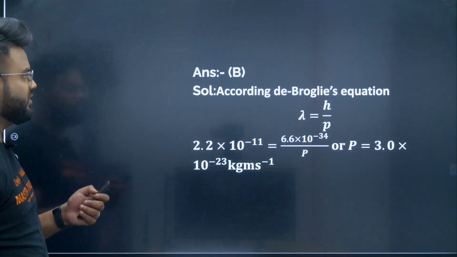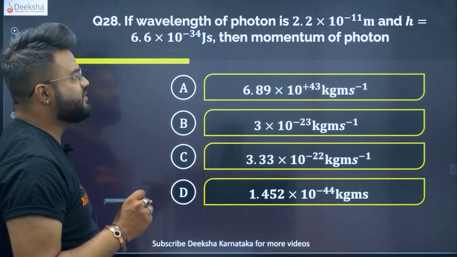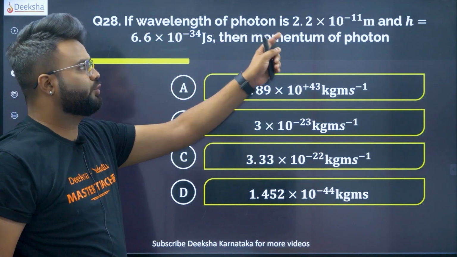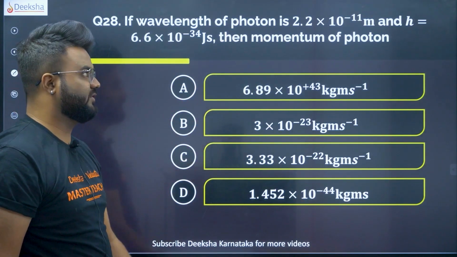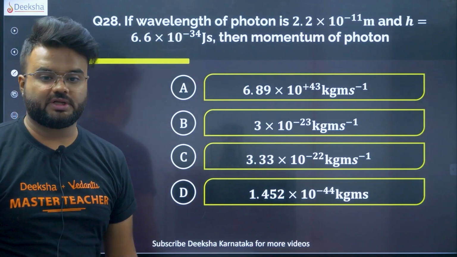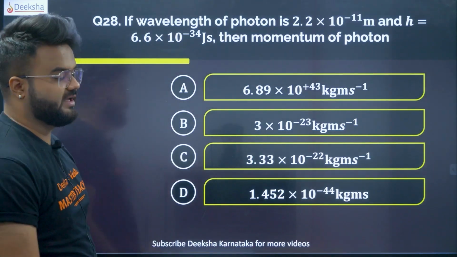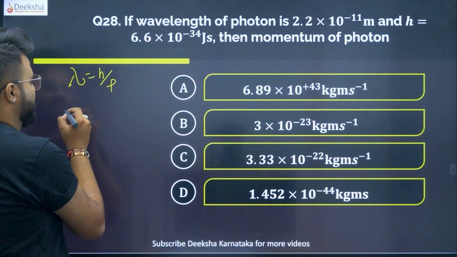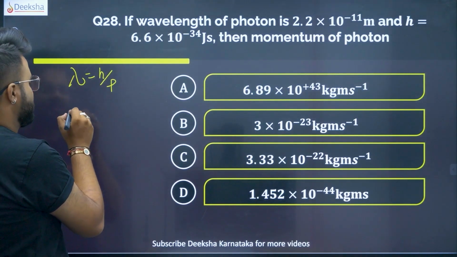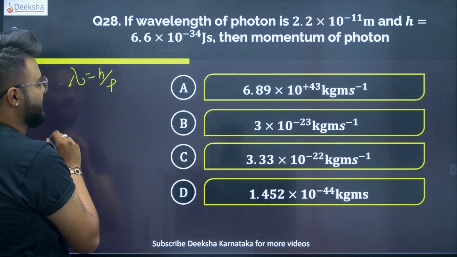Clear, guys? Now coming back to, if the wavelength of a photon is 2.2 into 10 to the power of minus 11 meter and the Planck constant is given, then the momentum of the photon is, according to the de Broglie wavelength, we know that lambda is equal to h divided by p. They have given the wavelength, so we have to find the momentum.